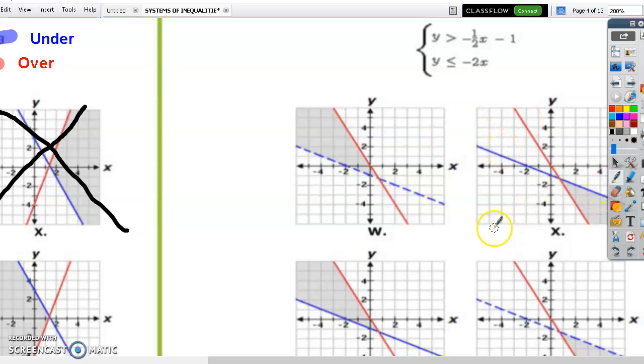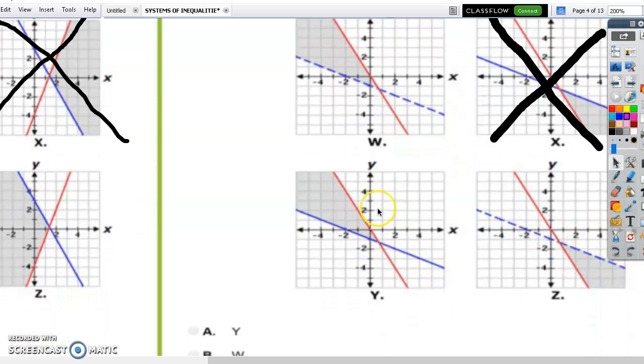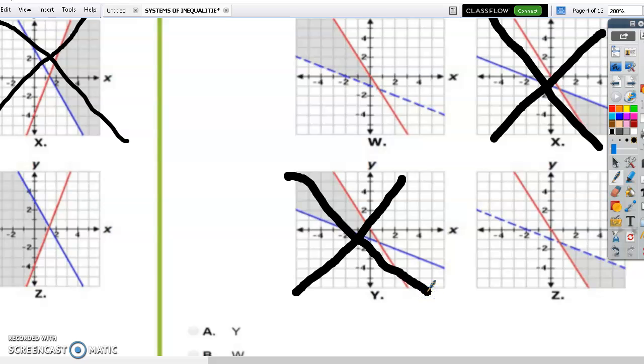Right off the bat, that cannot be a part of our solution. Same with this next one, again, both of our lines are solid. One has to be solid, while the other one is dashed. Not a solution. But this last one, it does.